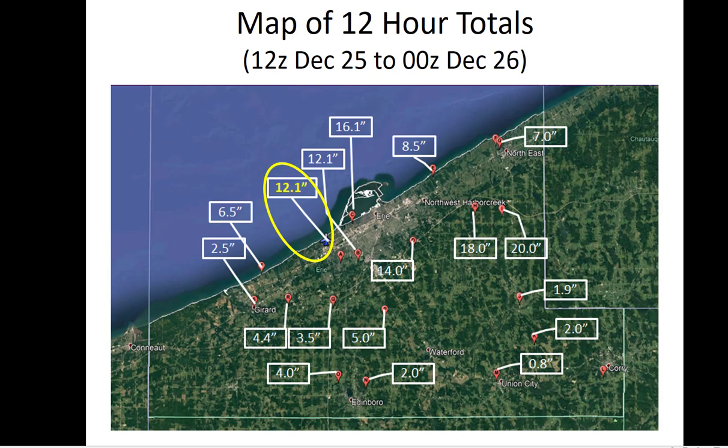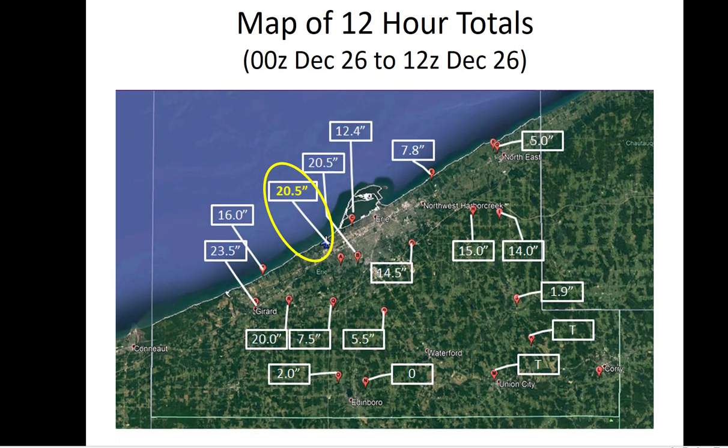And then if we go forward for the overnight snowfall, now we're up to somewhere around 20 inches or so around Erie to nothing in the south. So pretty extreme gradient there.